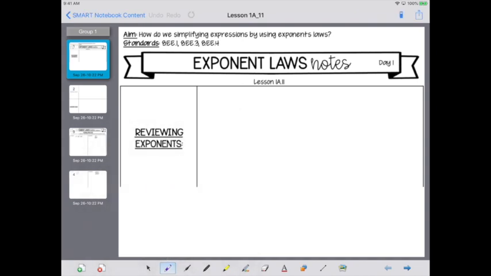So our exponents is repetitive multiplication. So when I give you an example, let's try 2 to the 3rd power. Two is going to be the base.